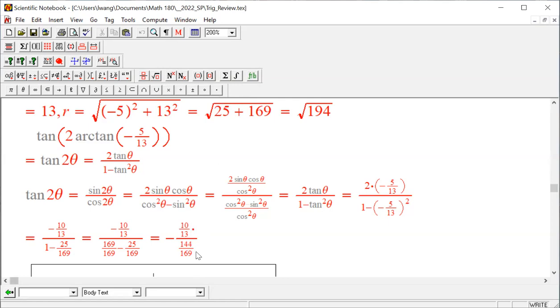Simplify this further: we multiply the top with 169 and the bottom with 169. So in the end, we get a negative, and the top is 13 times 10, so 130. The bottom is 144.